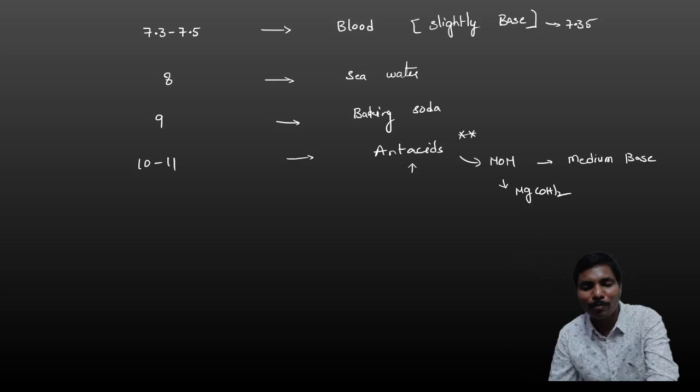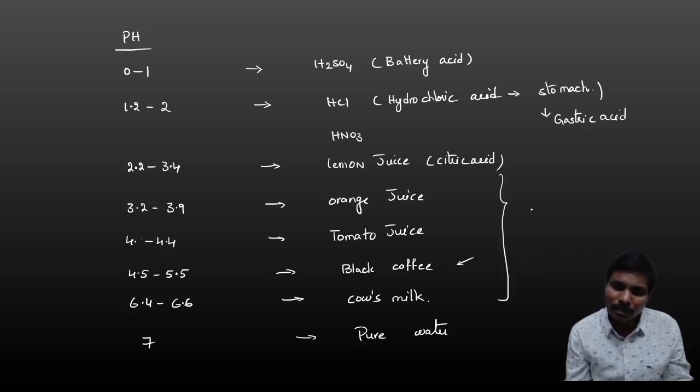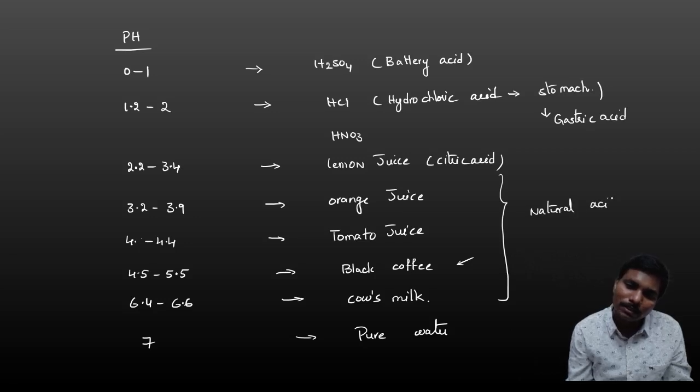But some weak acids like tomato juice, coffee, cow's milk, orange juice are not at all harmful. Those are naturally occurring acids, and they are weak in nature. This is a simple idea.